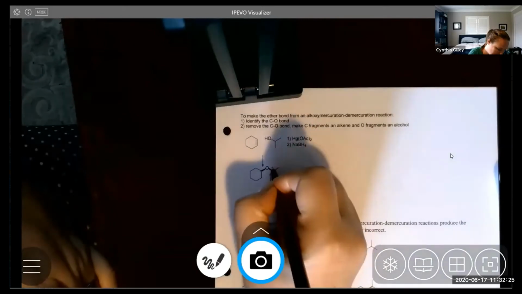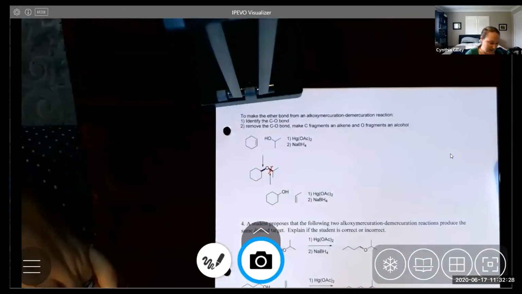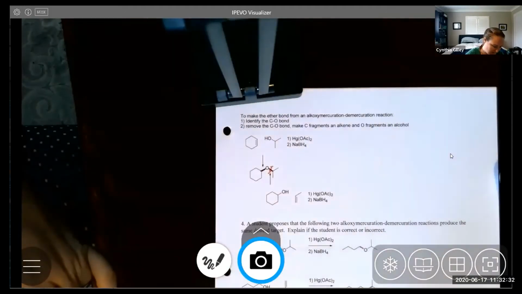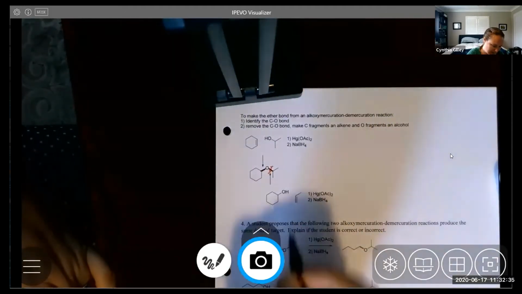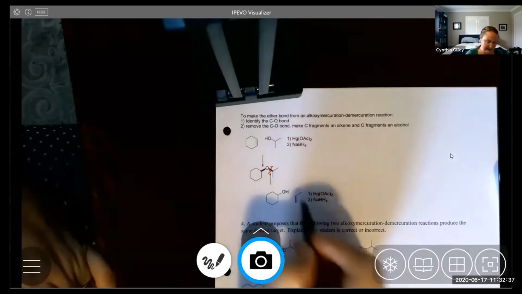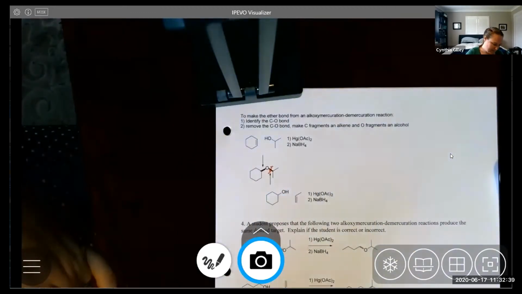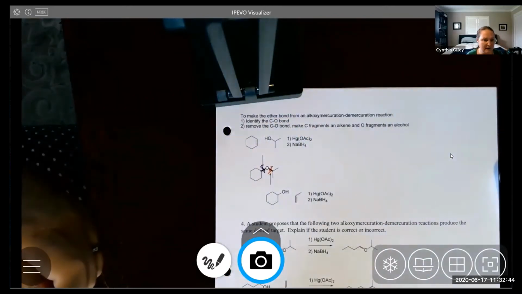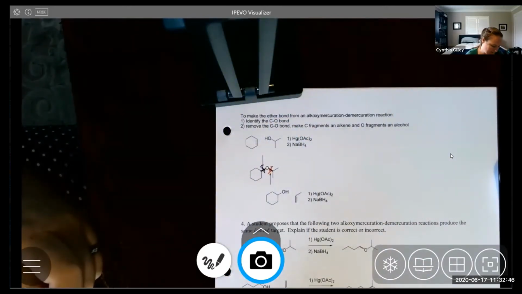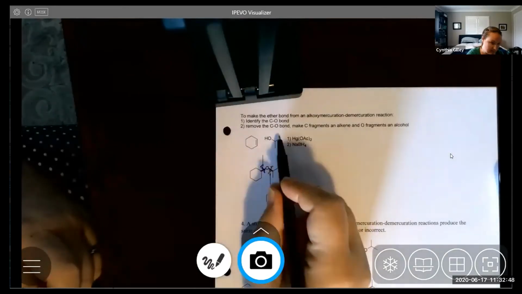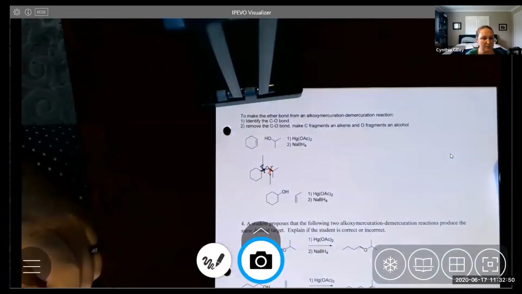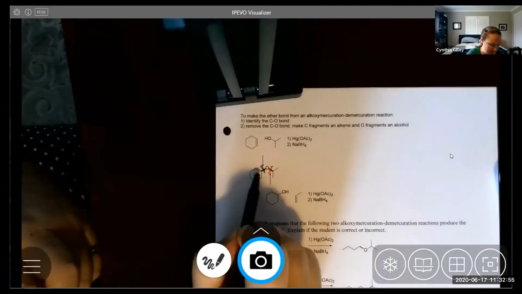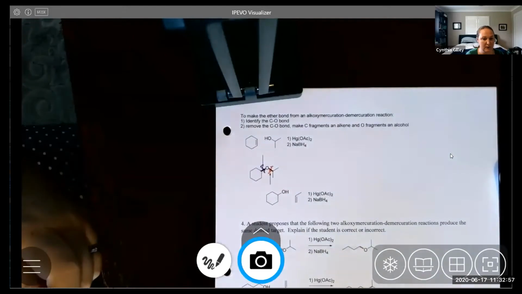So for example, if your goal is to make this one, that means that the part on the left is your alcohol, and the part on the right has to have been your alkene. And if you were trying to make the other carbon-oxygen bond, then the alcohol is the carbon chain on the right, and the carbons on the left had to have come from the alkene.